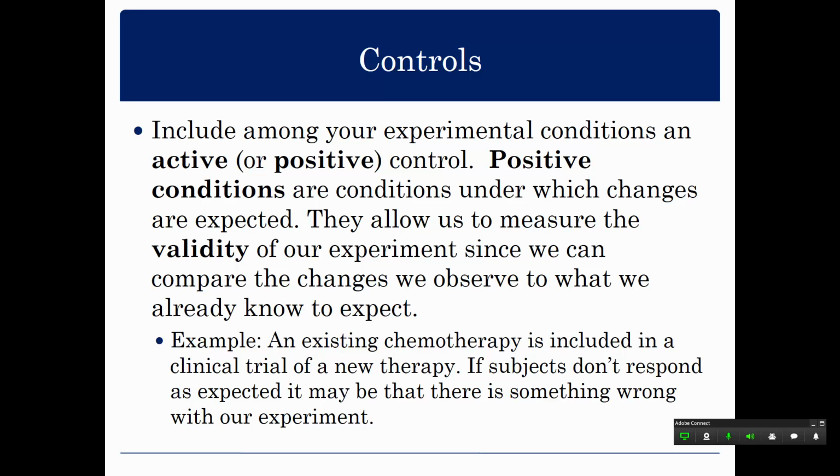An example of this kind of control is the use of an existing chemotherapy in the clinical trial of a new therapy. If subjects don't respond as expected to that existing chemotherapy, which has been used in the past, it may be that there's something wrong with our experiments. This is one of the ways that the control group will allow us to ensure that we have a good estimate of a treatment effect.